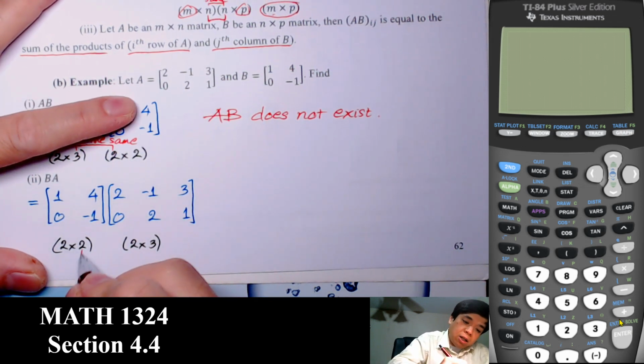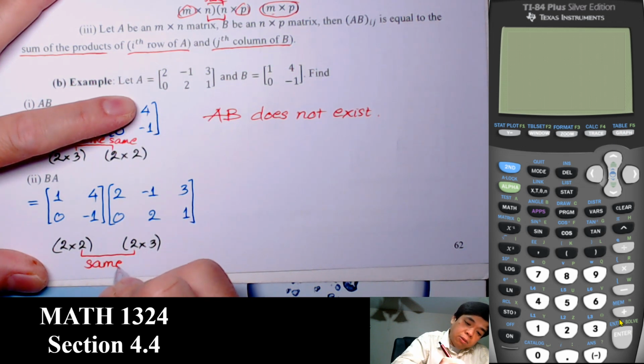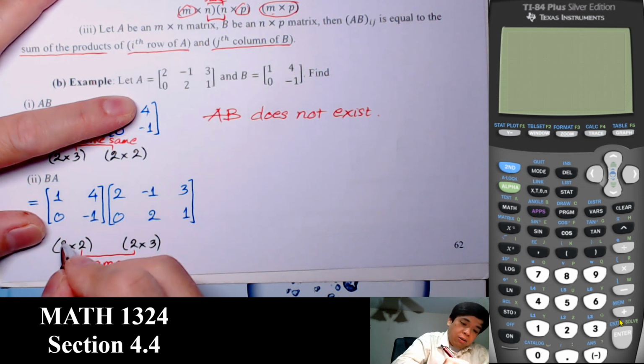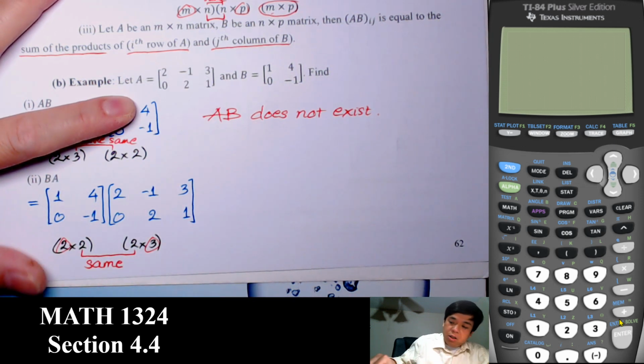The middle dimensions are the same, so the outside numbers give the dimension of the product.